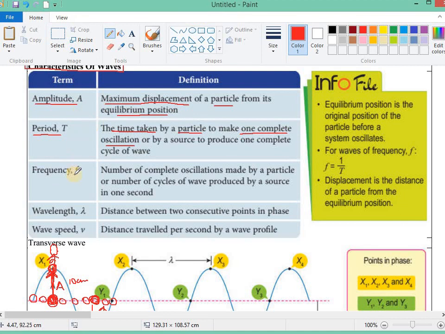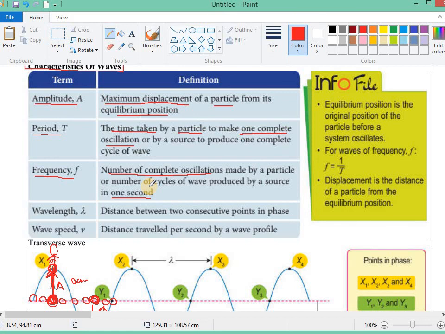Okay, next is frequency. Relax, relax. What is frequency? Frequency is the number of complete oscillations made by a particle, or the number of cycles of wave produced by a source, in 1 second. The short one: frequency is the number of complete oscillations in 1 second. That means frequency is the opposite of period.